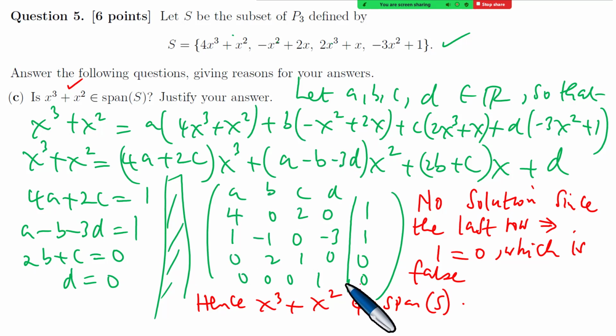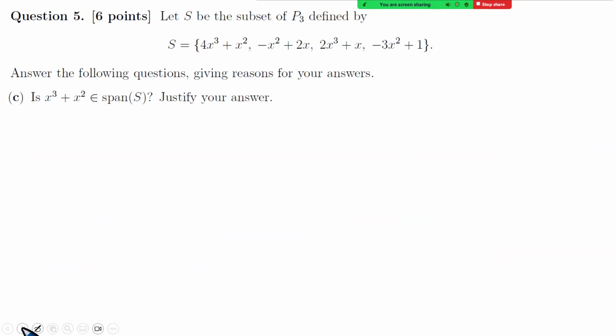But at this point, we have a false row. This bottom row implies that 1 equals 0, and 1 is not equal to 0 in mathematics. Therefore, we conclude that x cubed with x squared is not in the span. Let's look at the next question.